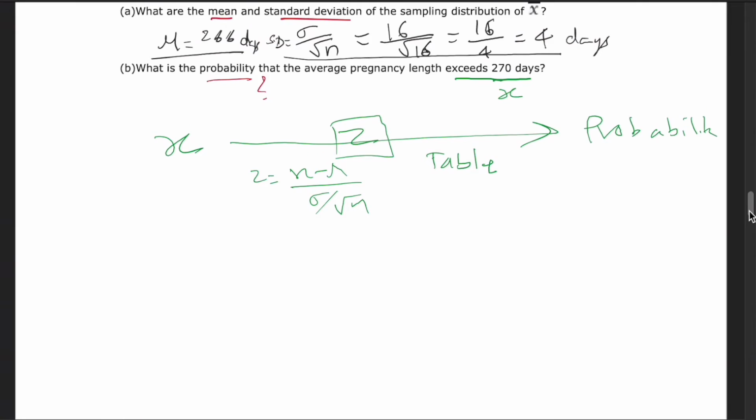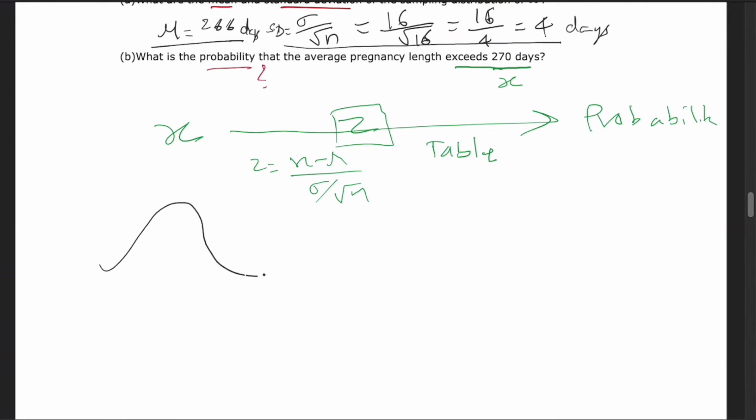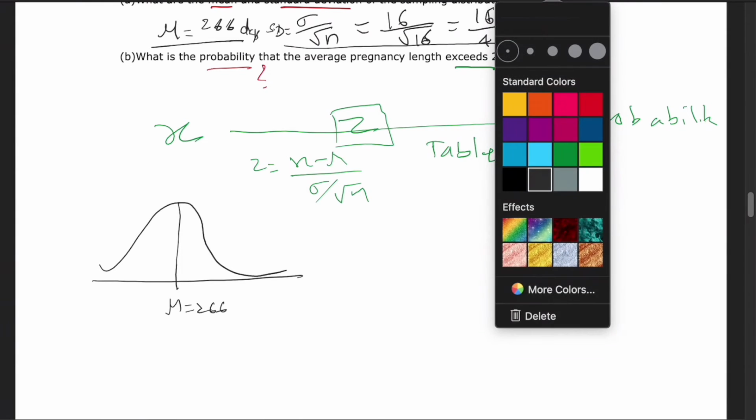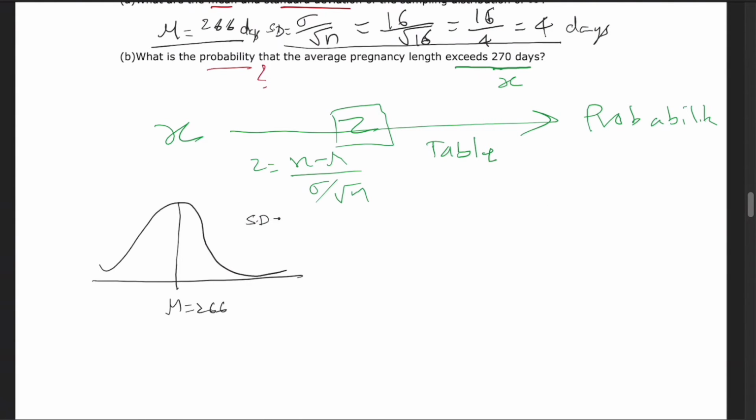It's always a good idea to write down or draw the curve. So this is a normal distribution, mu 266, with population sigma 16, or you can also mention the standard deviation as 16 over square root of 16, that is nothing but 4.